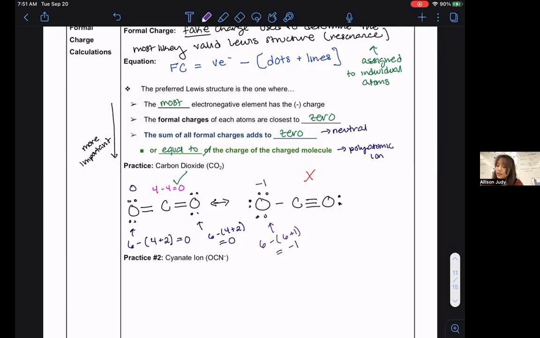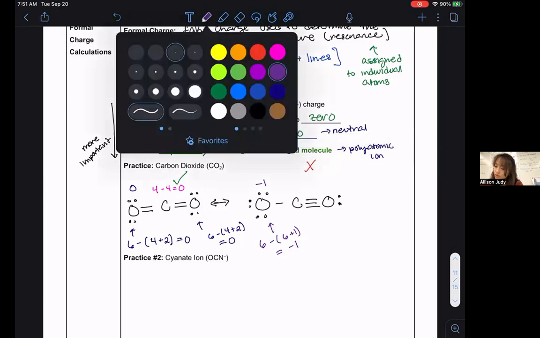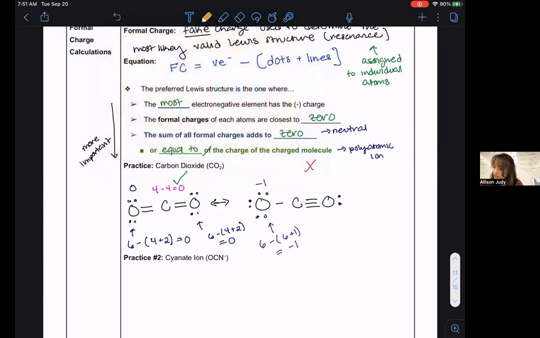But okay, let's try carbon. Carbon comes with a formal charge of, let's see, valence electrons 4 minus dots plus lines, no dots, but still lines. That's 0. It also has a formal charge of 0.